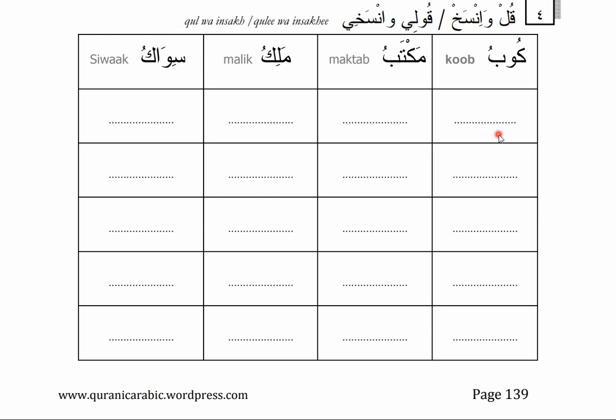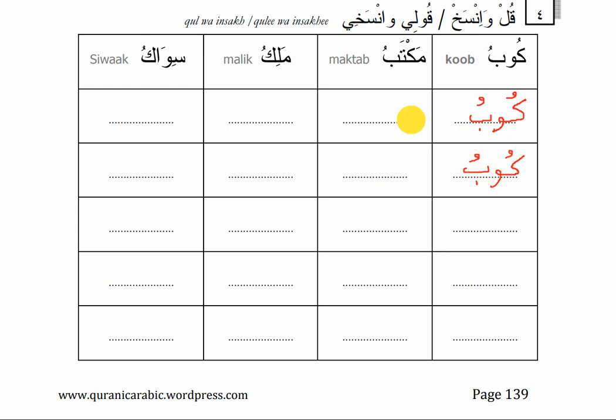So this is the Qul wa insakh, which means say and write. How are you going to write all these words? First make the initial kaf, ku, ku, bu. Let's do it again. Kaf, wow, ku, bu.